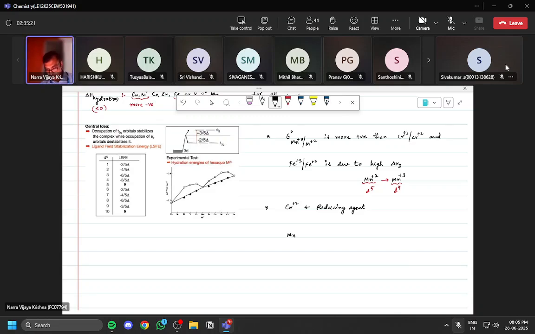Manganese +3 is an oxidizing agent. Configuration here is d4, here also d4. Even though both have d4 configuration, this acts as reducing, this as oxidizing. Reason.